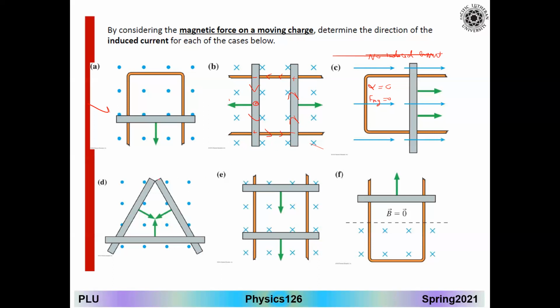Let's move to the complicated one, where I have three rods located in the magnetic field, and every rod has its own velocity. We use the same concept, a positive charge in each part, just to identify the direction of the positive and negative charges.